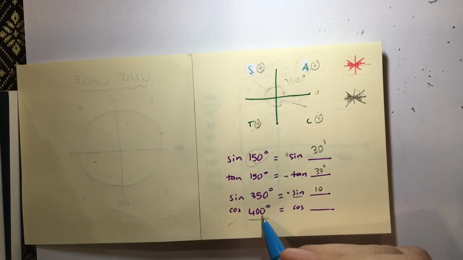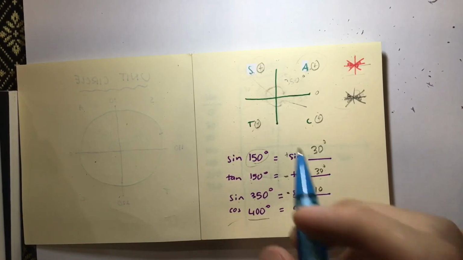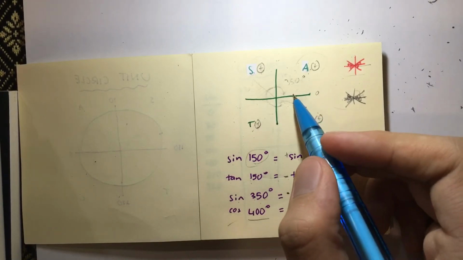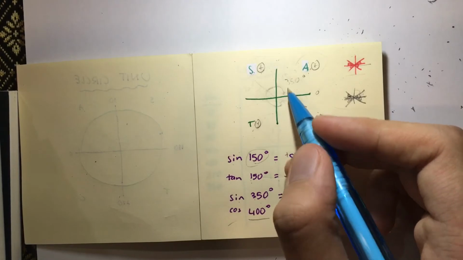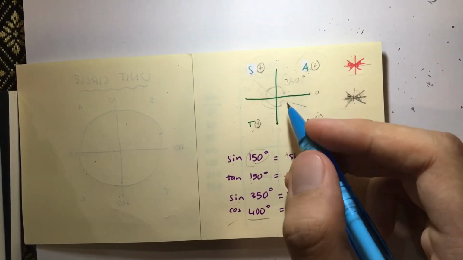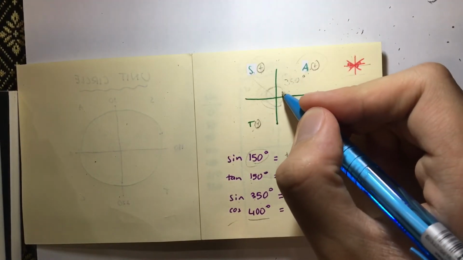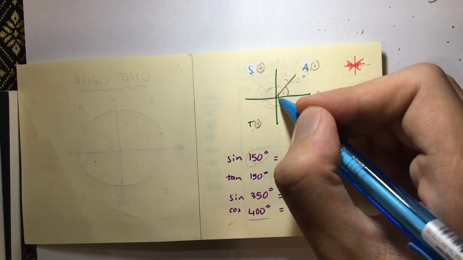So as you can see, this is more than 360. And in real life, logically, that makes no sense whatsoever lah. But let's just say we are given this. That would be, we go around 360, then we come back again. So 360, come back another 40, which makes 400. So now we're back here again.